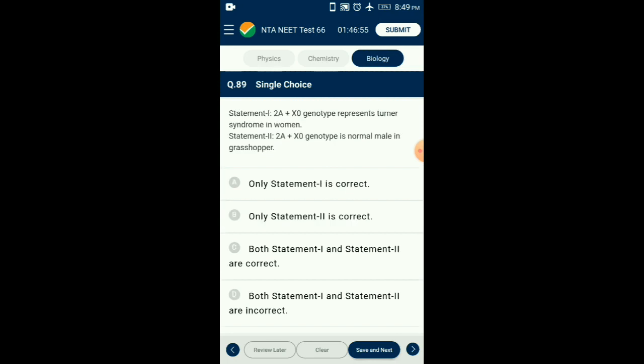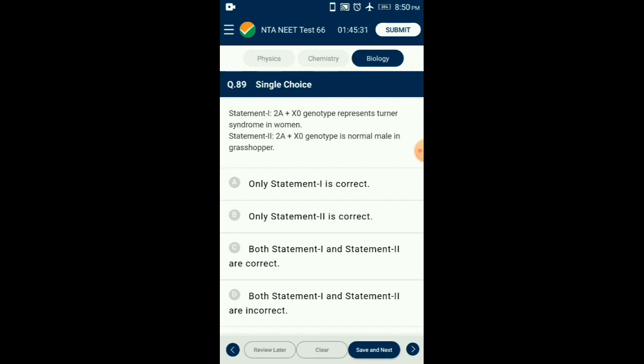Question number 89. Two statements are given. Just go through them. Statement 1: 2A plus X0 genotype represents Turner syndrome in woman. Statement 2: 2A plus X0 genotype is normal male in grasshopper. XX and X0 type is observed in a large number of insects. In grasshopper, the number of chromosomes is different in male and female individuals. Here female shows homogamety XX, while male shows heterogamety X0.